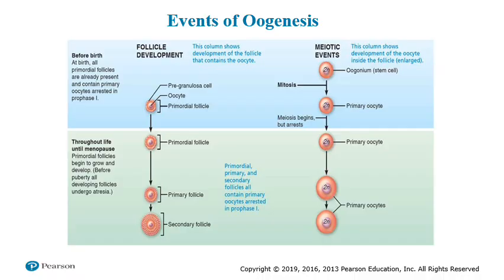Only a small fraction of those oocytes are going to be recruited in the pool of oocytes that's going to be part of the monthly maturation process, and only one follicle would carry the one egg that will be ovulated for that month. The rest of the members of the pool that will not be ovulated will undergo atresia. They will just be reabsorbed by the body. They will just die.